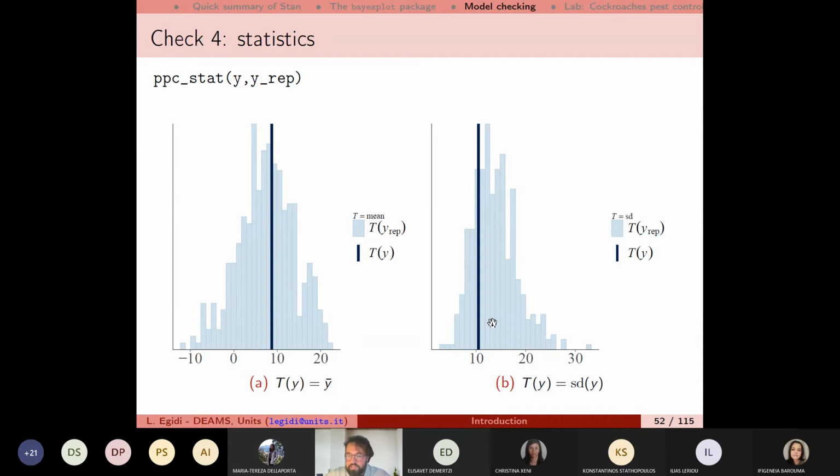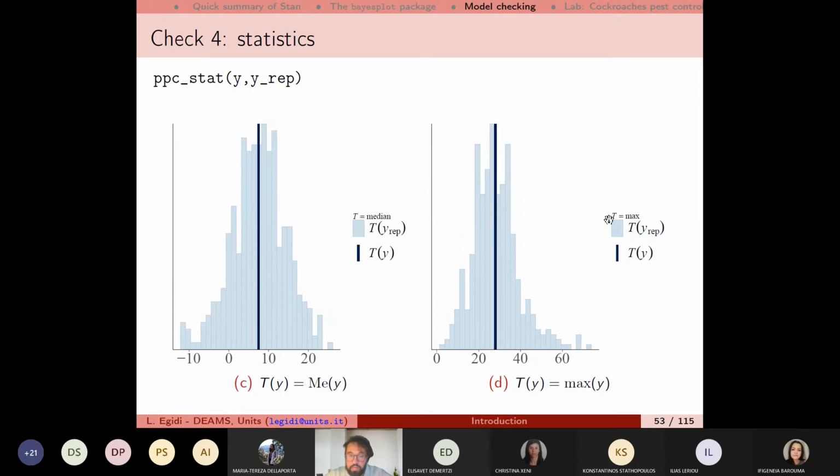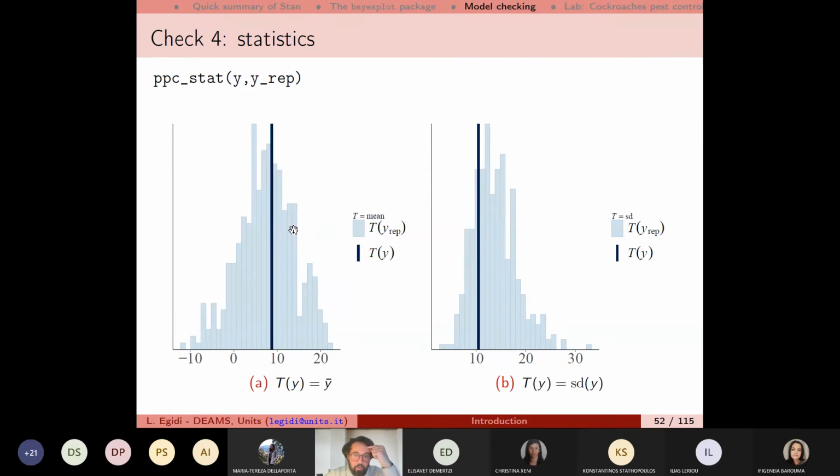Some possible anomalies and dangerous signals are whenever your observed statistic falls in the tails of the replicated distribution for that scalar statistic. So for the mean, for the standard deviation, for the median, for the maximum.